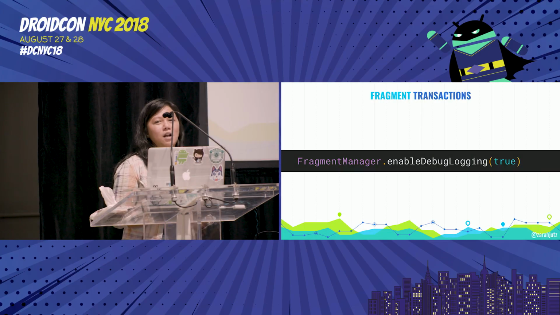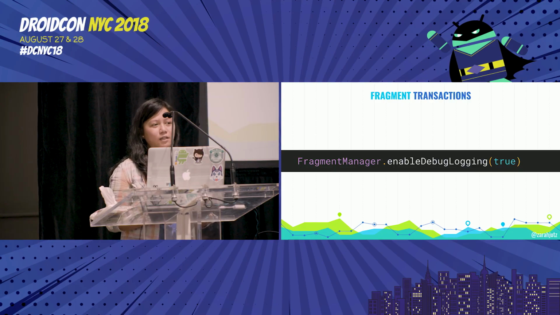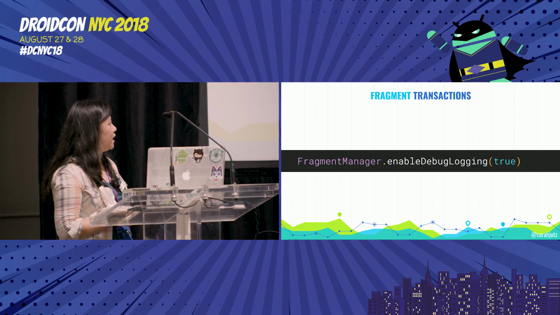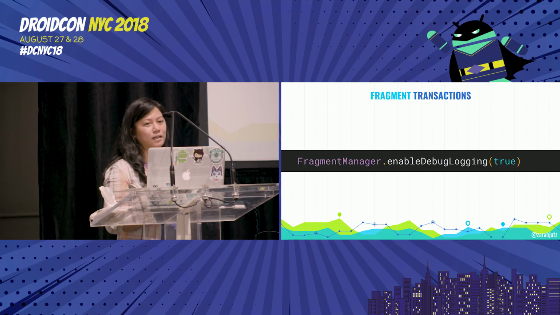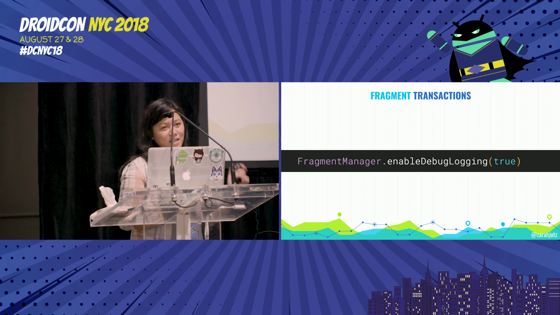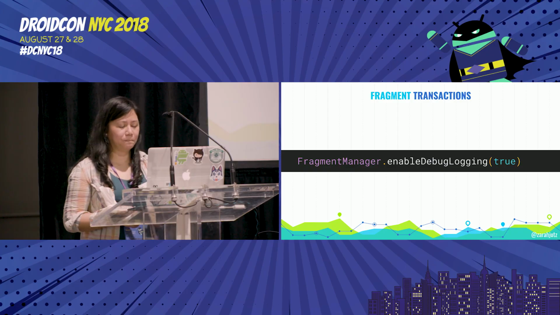So fragments are making a comeback recently with the introduction of the navigation architecture component. So if we find ourselves dealing with them again and we want to see the inner workings of the fragment lifecycle, we can enable debug logging on the fragment manager. What this actually does is very interesting.